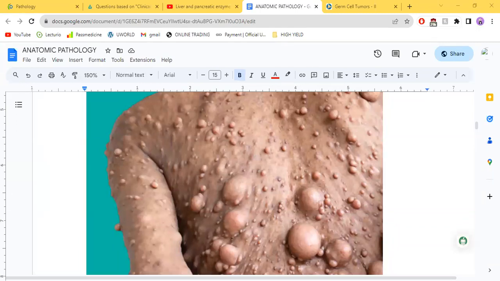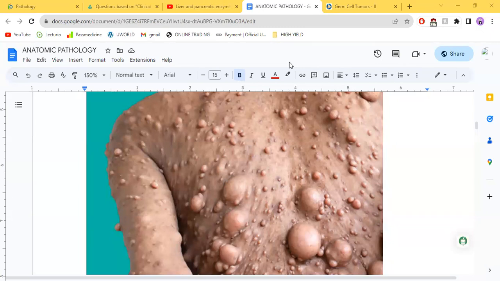Maybe we'll see acoustic neuroma in another neurofibromatosis, but it's a tumor present in one of them. Also, other presentations could be pheochromocytoma, and then you have café-au-lait spots. That can also be a presentation of neurofibromatosis type 1.